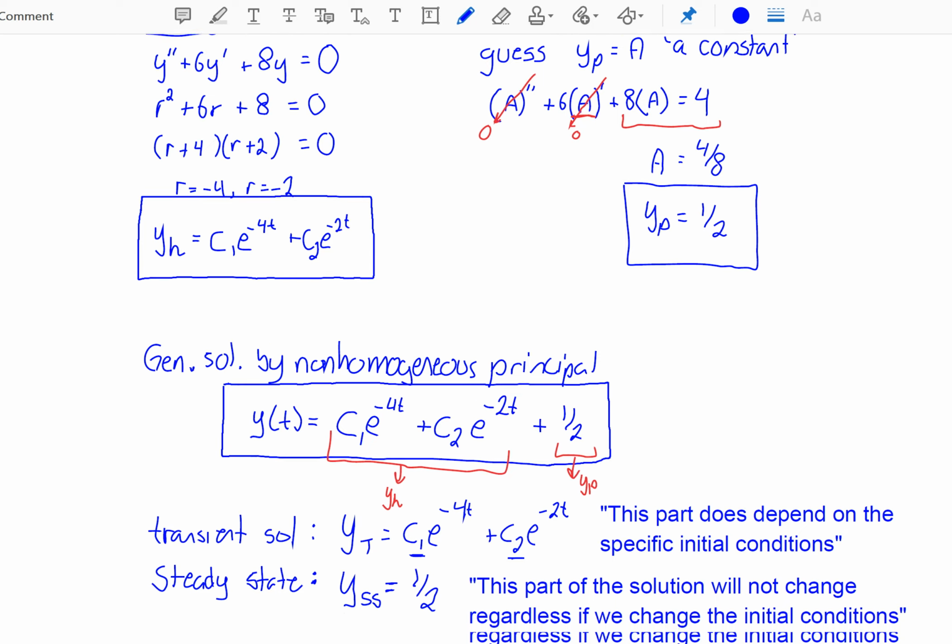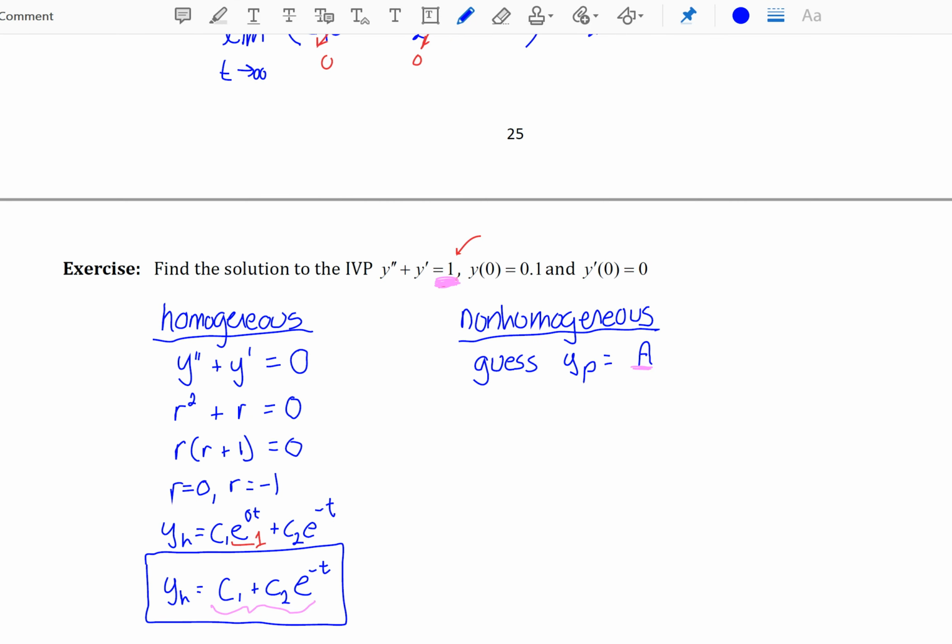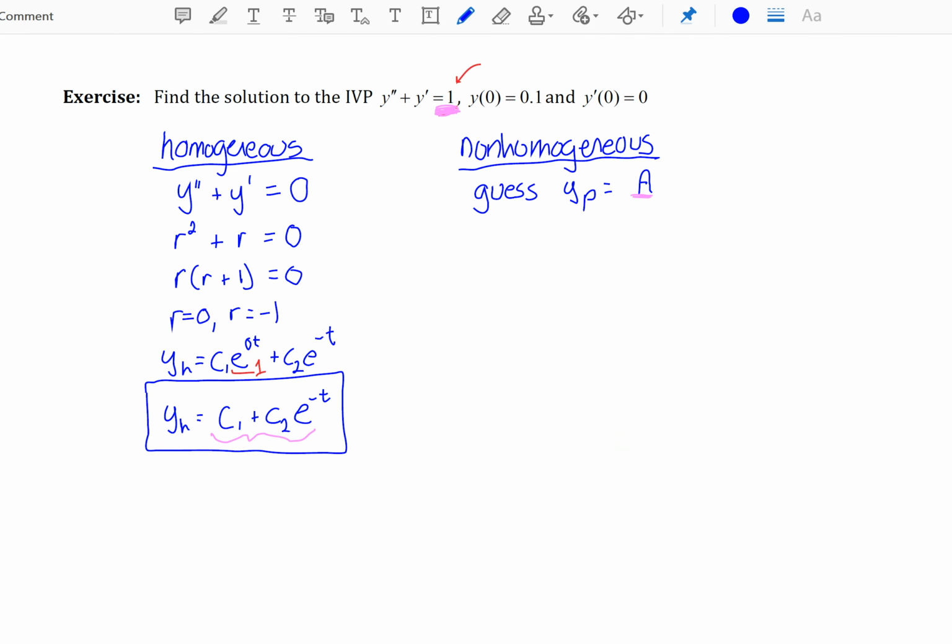So in this problem we're looking at, again, your homogeneous solution, a constant, is the repetition of the first part of our solution, this constant. So here we're going to have to multiply our guess by a factor of t.